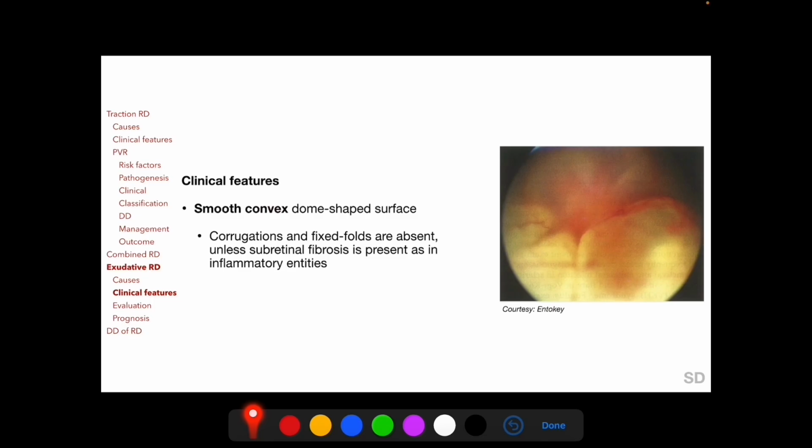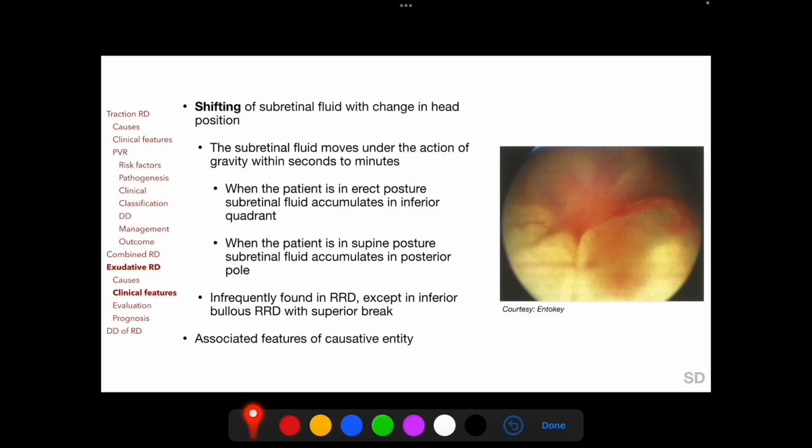So the surface of an exudative retinal detachment is convex like that of the surface of a rhegmatogenous retinal detachment, but unlike the surface of a rhegmatogenous retinal detachment, the surface of an exudative retinal detachment is smooth and not corrugated. A classic feature of exudative retinal detachment is shifting of subretinal fluid with change in head position, and this is very important to remember.